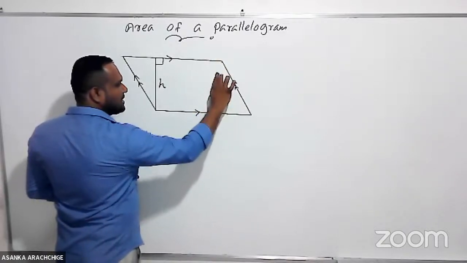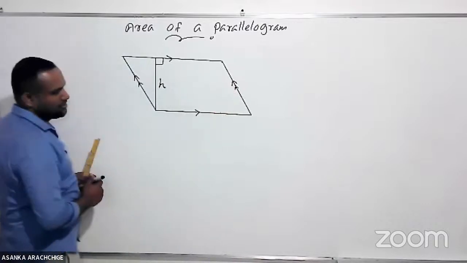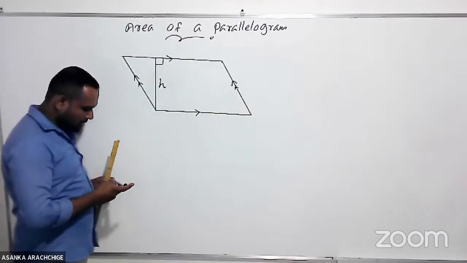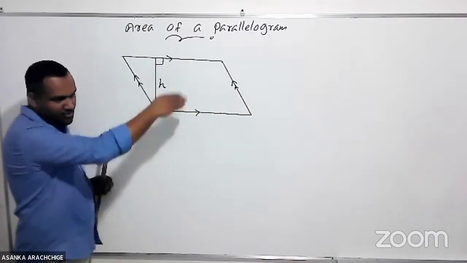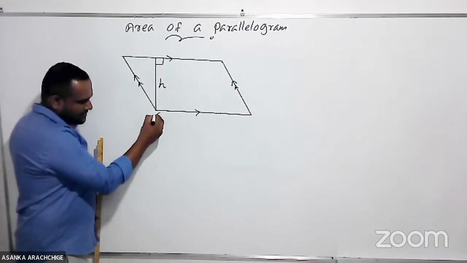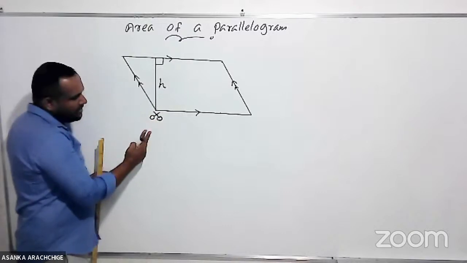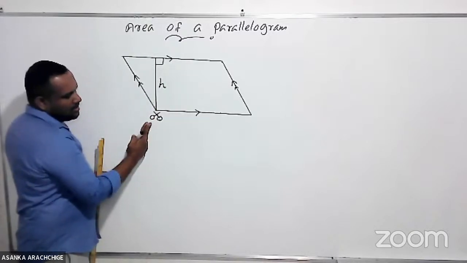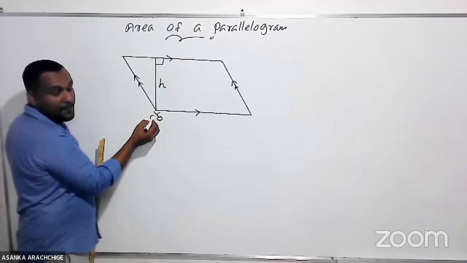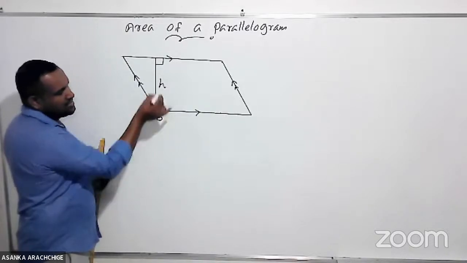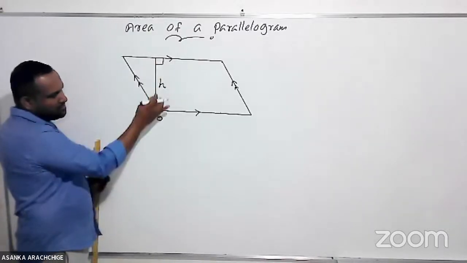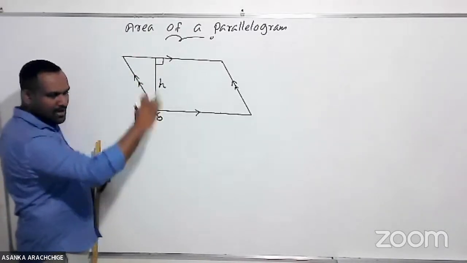I am erasing this one. Now we do it on paper. After drawing a parallelogram on a sheet of paper like this, with a pair of scissors we cut the parallelogram along this line, along the perpendicular from this vertex to its opposite side, and remove this triangle.